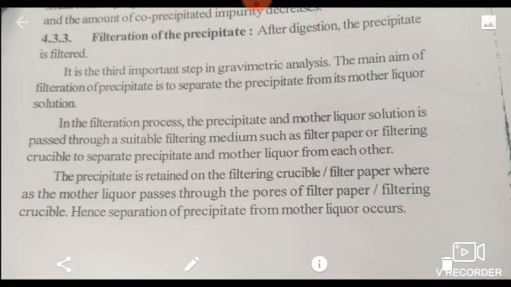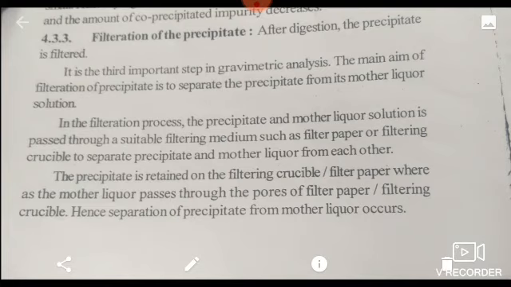The filtration of the precipitate is the very important third step in the entire gravimetric analysis. After digestion, the precipitate is filtered. The main aim of the filtration of precipitate is to separate the precipitate from its mother liquor or solution.